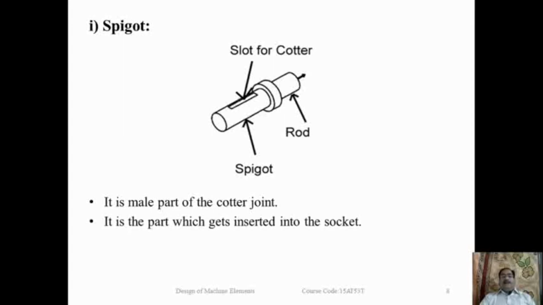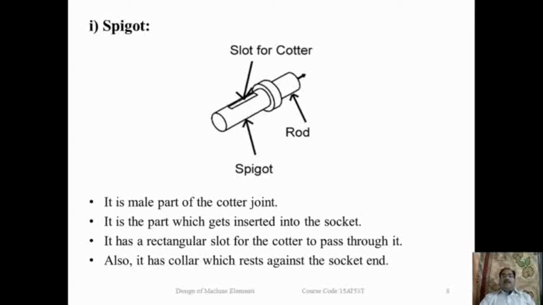It is the part which gets inserted into the socket. It has a rectangular slot for the cotter to pass through, and also it has a collar which rests against the socket end.